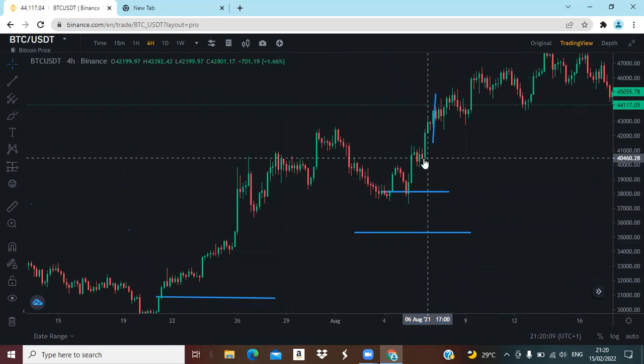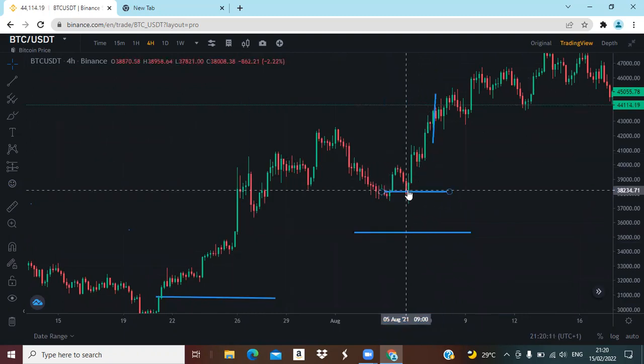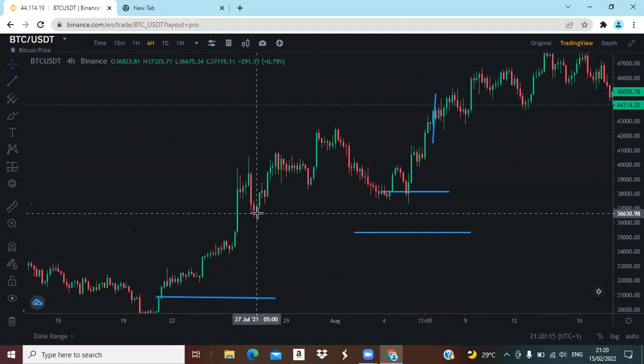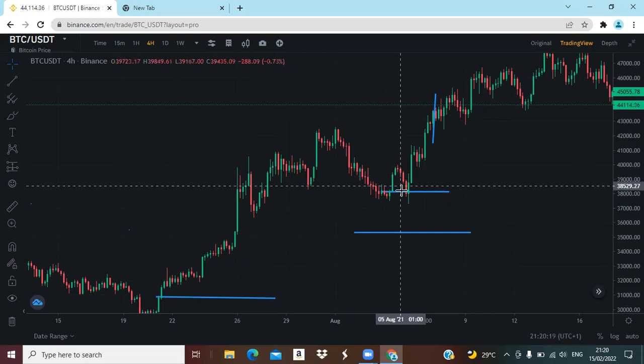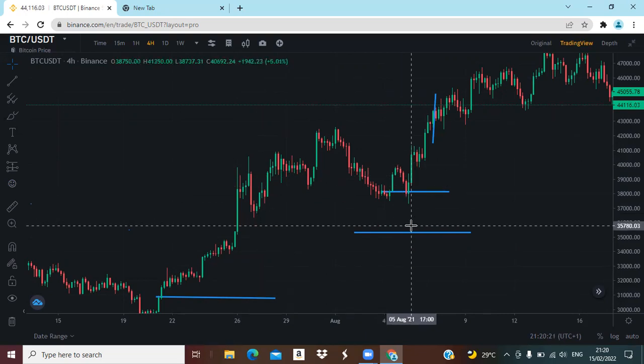Invalidation means that for this market to come back down, it has to break this second structure. First structure broken, yes, market goes up, comes back down. Second structure broken is an indication that this market is probably really going down.